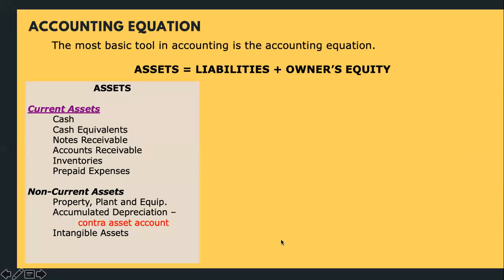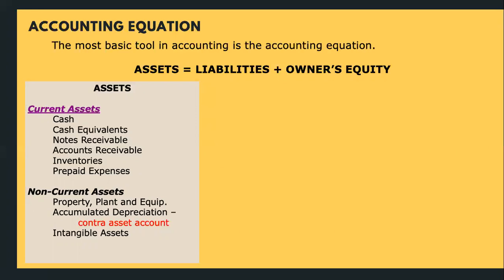Okay. So you have examples here under current assets. You have cash equivalents, notes receivable, accounts receivable, inventories, prepaid expenses. Take note, prepaid expenses is an asset account. Even though it is called expenses, be careful because prepaid expenses is an asset account. With prepaid expenses, you paid in advance although you have not yet used it.